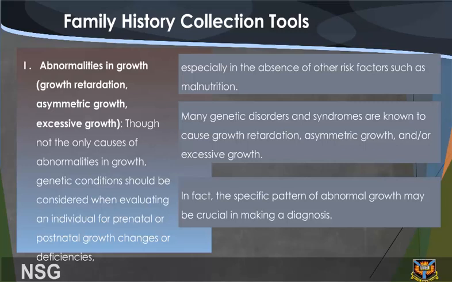Many genetic disorders and syndromes are known to cause growth retardation, asymmetric growth, and/or excessive growth. In fact, the specific pattern of abnormal growth may be crucial in making a diagnosis.